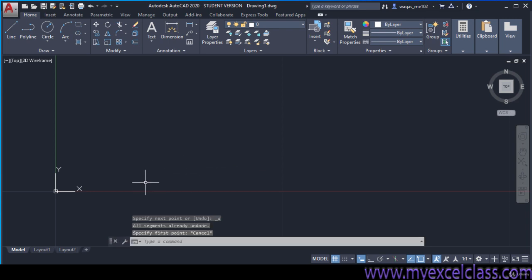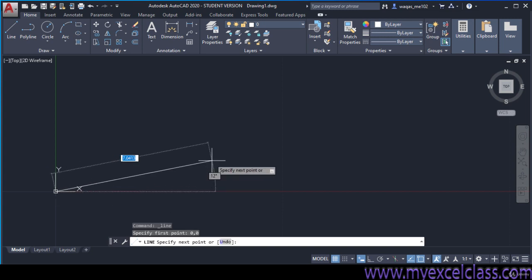Next coordinate system is the polar coordinate system. So what will be the method? This one is the third method to draw the line. So I will click the line command. The first point will be the same for all three methods, polar, relative and absolute. That will be 0,0.